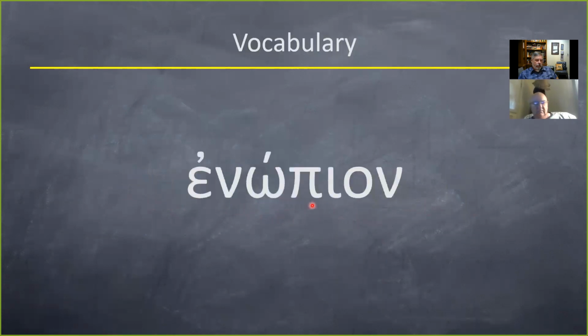Enōpion, this is a preposition. I think it's referred to as an improper preposition, I think that's what it's called. But it is a preposition, enōpion, and it means before.